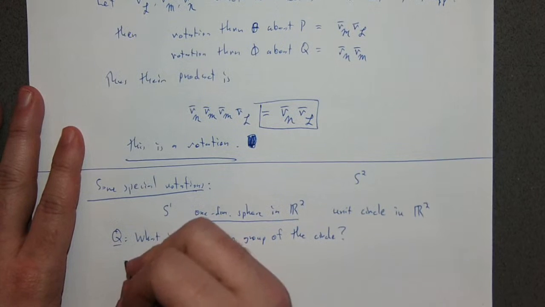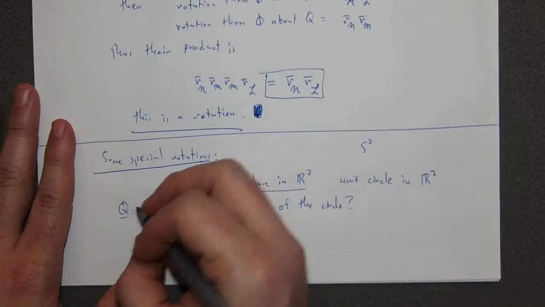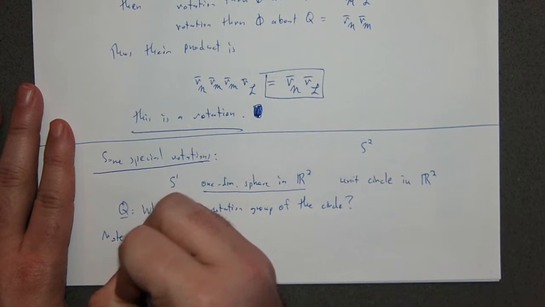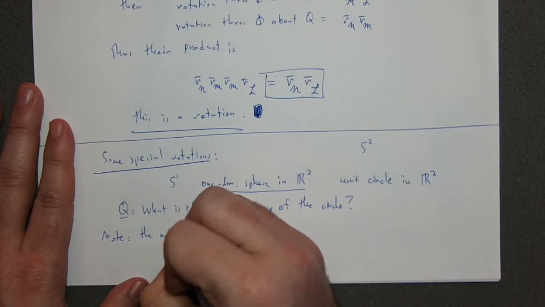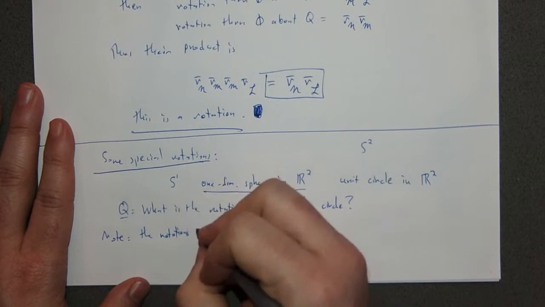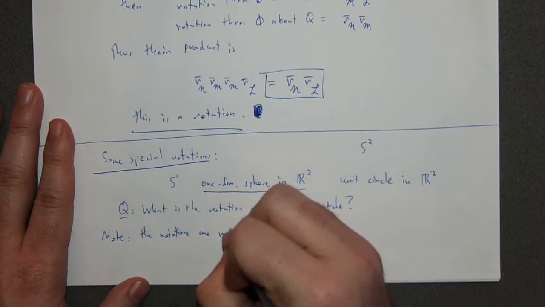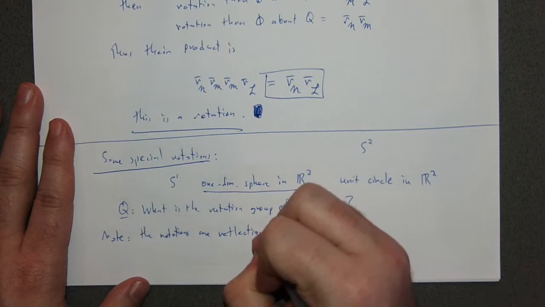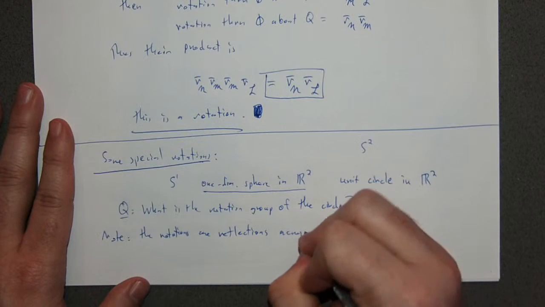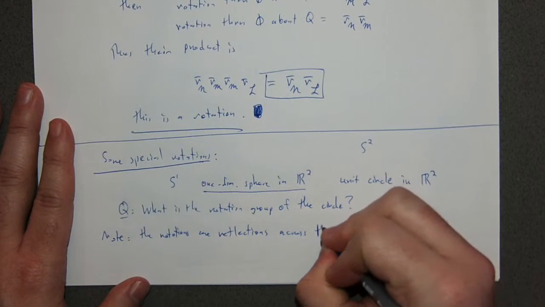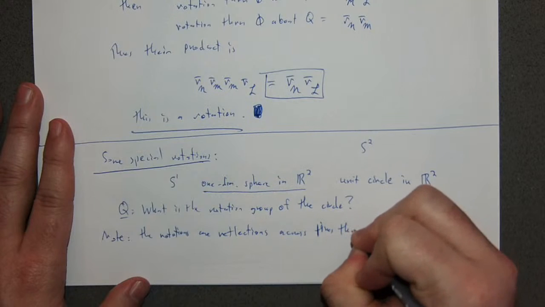So note the rotations are easily seen to be reflections across lines through the origin.